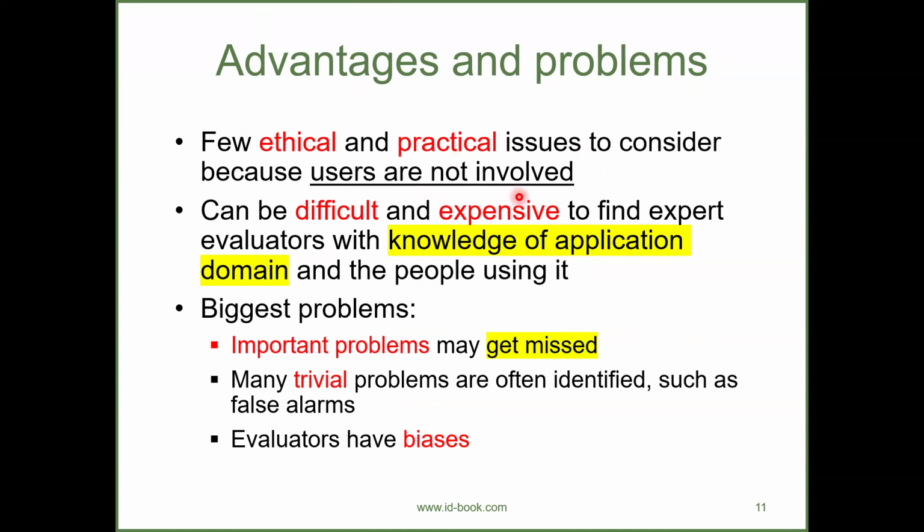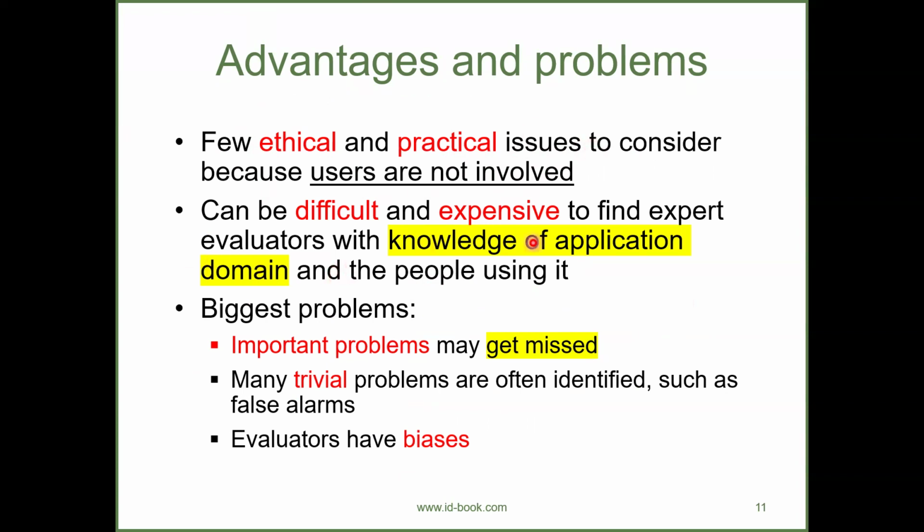Because we are not involving users, we can have few experts to do the heuristic evaluation. Hence, we don't have to bother for many people. We can have few experts to do this work. And also, here you have to take care about practical issues. Take important things and evaluate them.